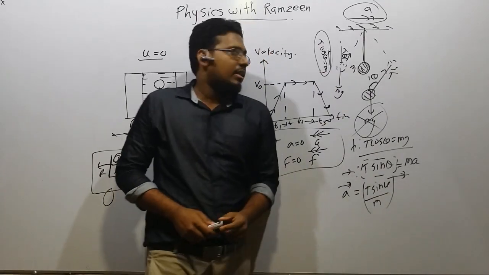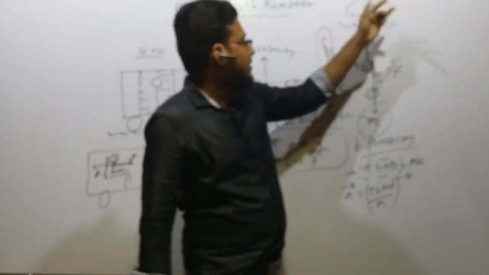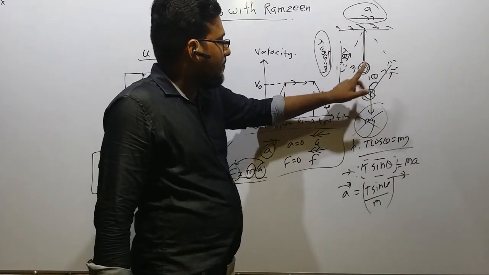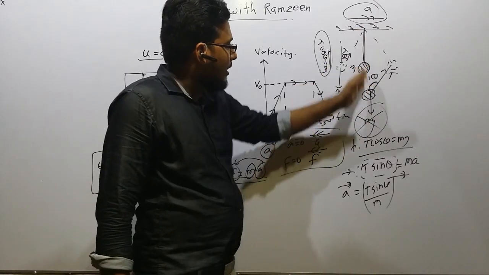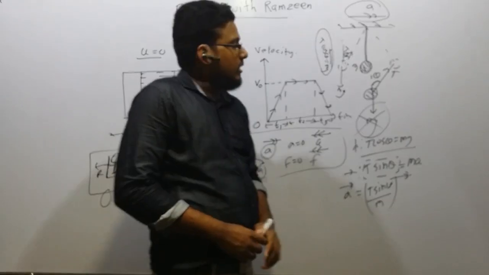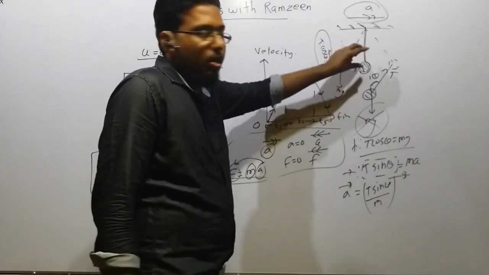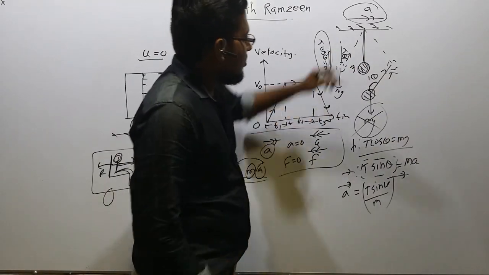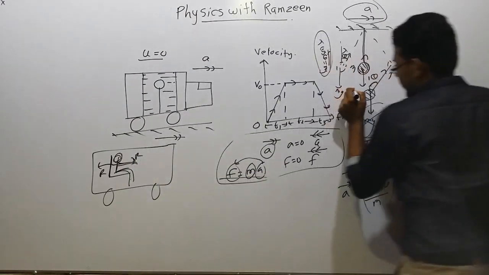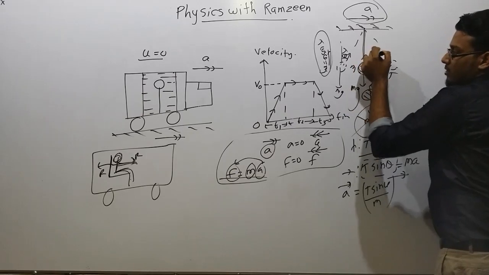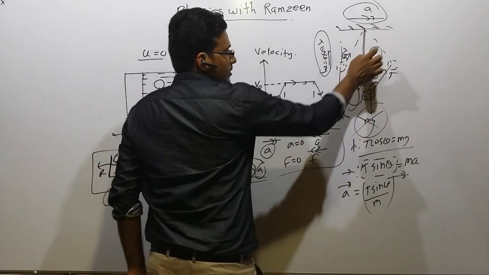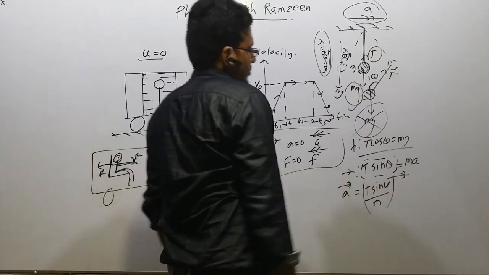Have you seen like this? When a ceiling moves in this direction with acceleration a, but the mass remains in the same position. Is it possible? No, because when the mass is like this, the weight and the tension of the string are both vertical forces, right?